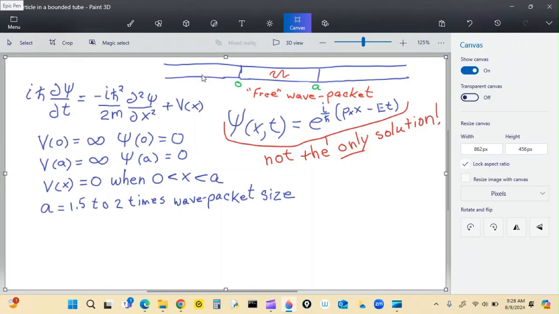So here we go with my drawing board once again. Top of the screen is my crude drawing of a tube. This tube that this is in, and this is the x dimension. We only have to deal with one dimension. And instead of a particle, I'm going to put this little wave packet here.